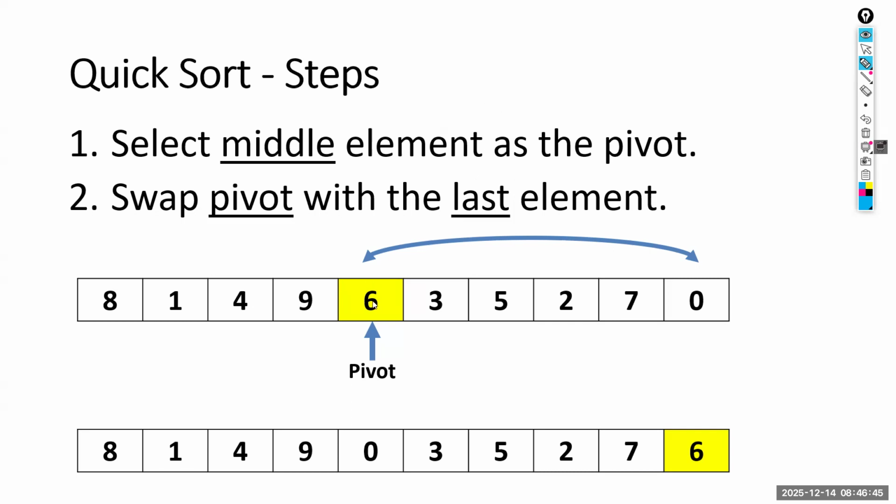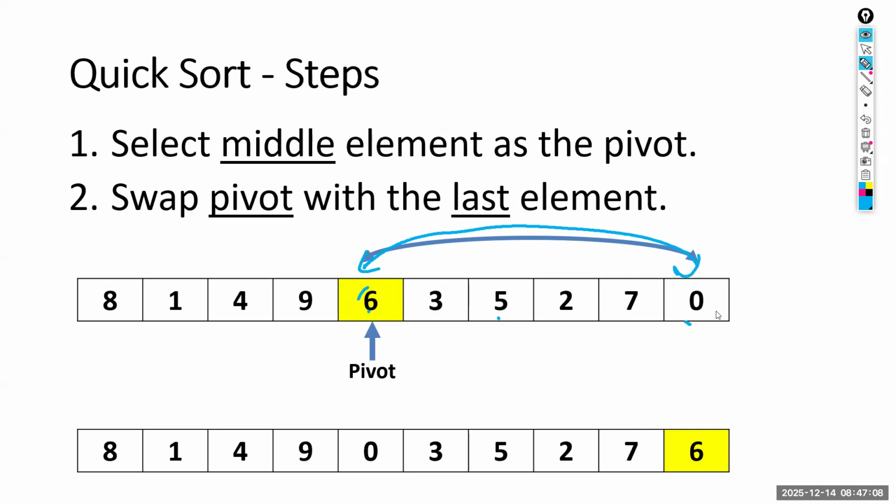So then we can't keep this and do it because 6 may not be in the correct position, right? Maybe ultimately 6 should go somewhere else. So therefore what we do is we take it to the edge. How can we do that? We can swap it with the right 10, or you can even swap it with the left 10.